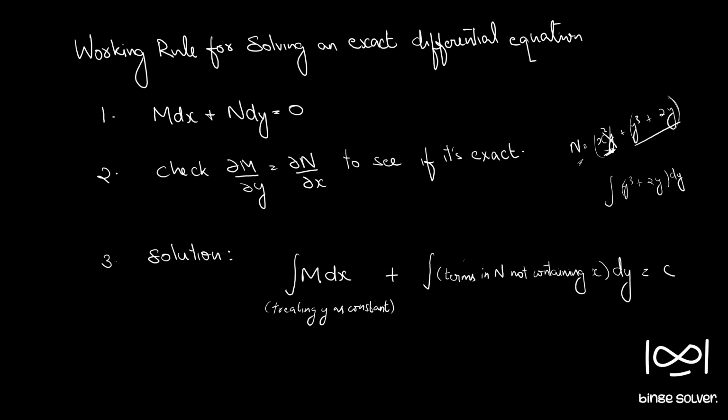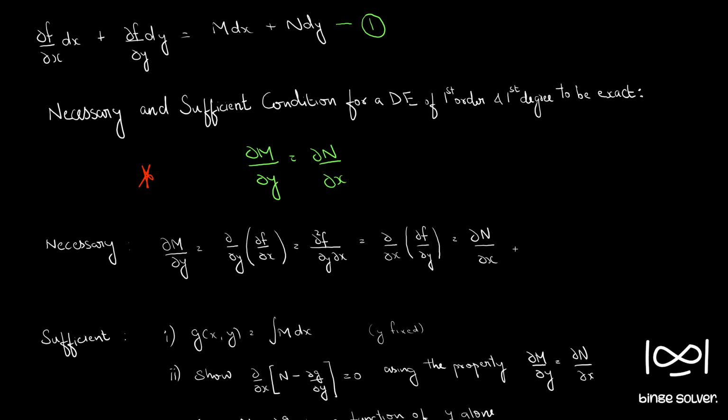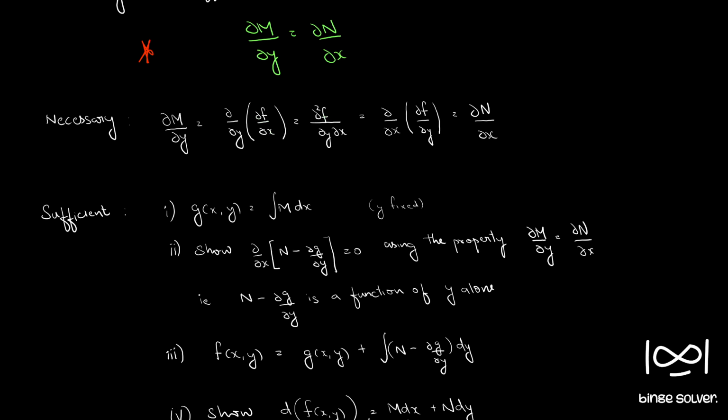What is this whole part? This is nothing but f of xy, which we discussed earlier. We said that for an exact differential equation there exists an f of xy such that the differential of f of xy is M dx plus N dy, right? This is our f of xy. In the sufficient part, we create an f of xy for the general case where ∂M/∂y equal to ∂N/∂x.